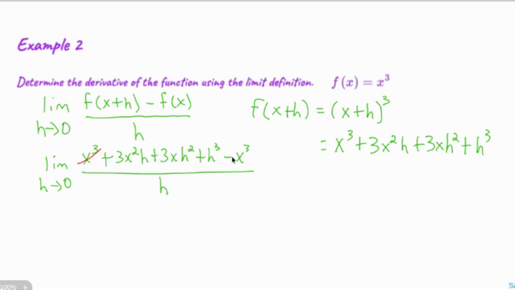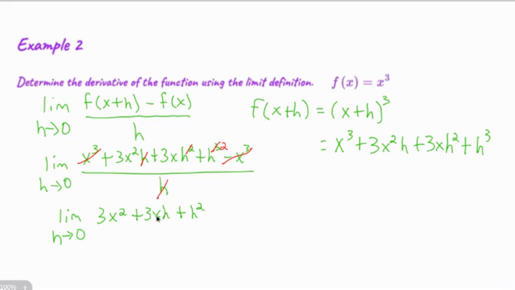We can see the x cubes will cancel, and then once we get that out of the way, we have an h that we can cancel out of each of these. So we'll be left with the limit as h approaches 0 of 3x squared plus 3xh plus h squared. Oh yeah, forgot to cross this out.